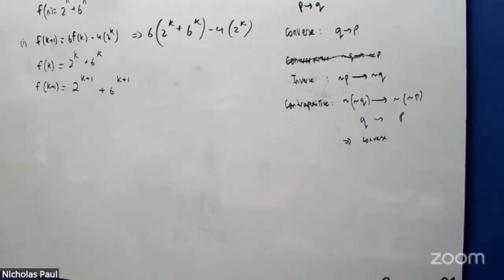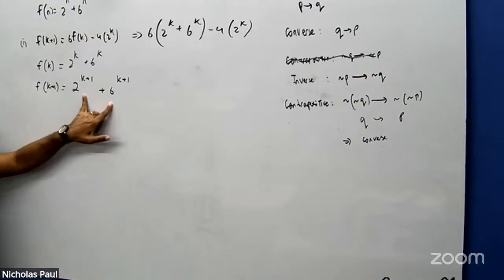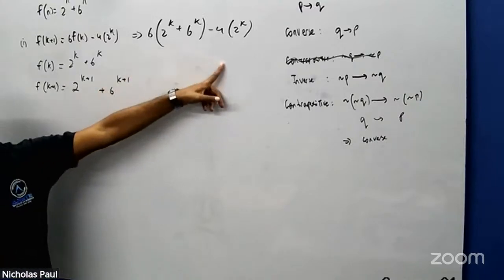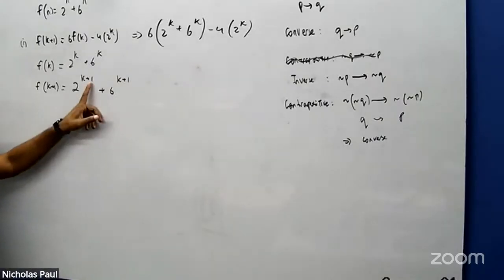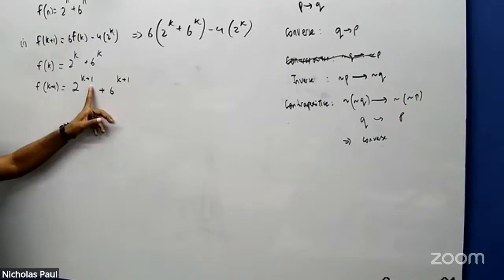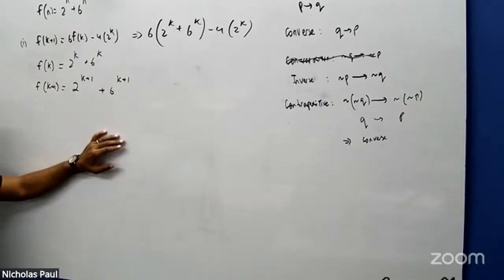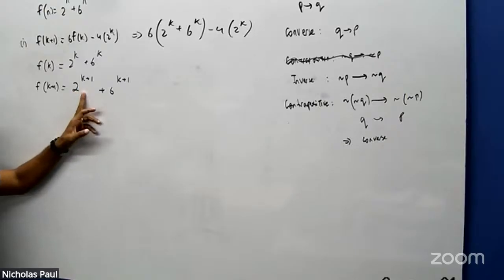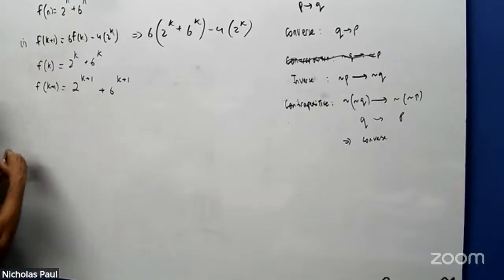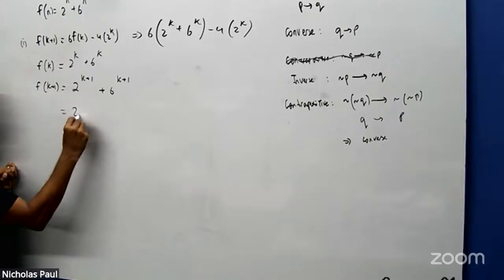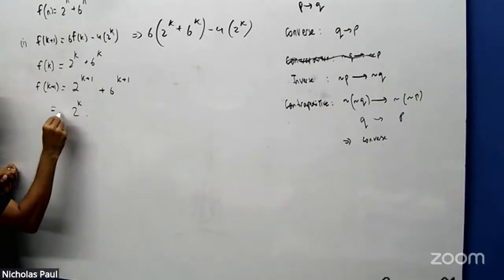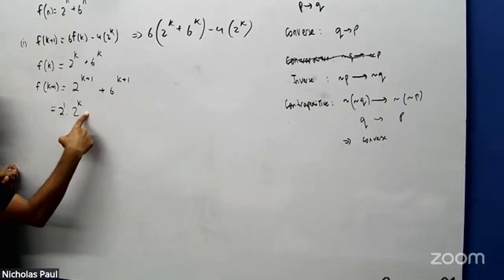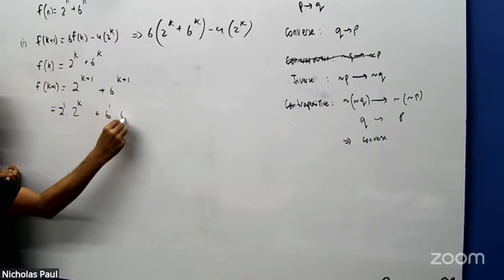Now, what do I have here, and what do I want to get? The first thing is you have to get rid of this plus 1. So what do we do? Plus means multiply. So you should have something like this: 2 to the k, I'm putting 2 in front, and here 6 to the 1 by 6 to the k.